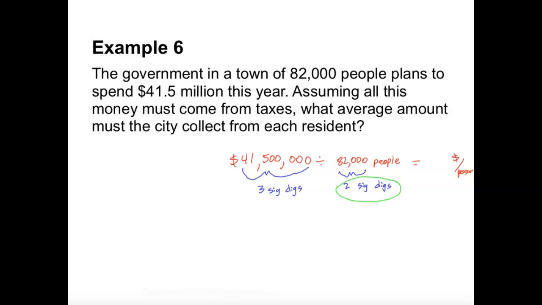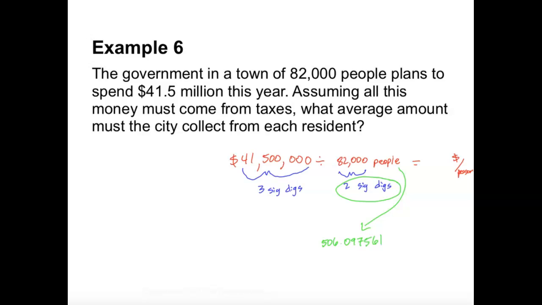All right, so let's do the division in our calculator. 41,500,000 divided by 82,000. And what we end up with is 506.097561.